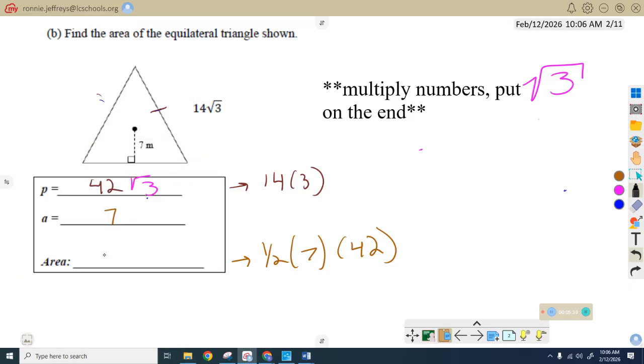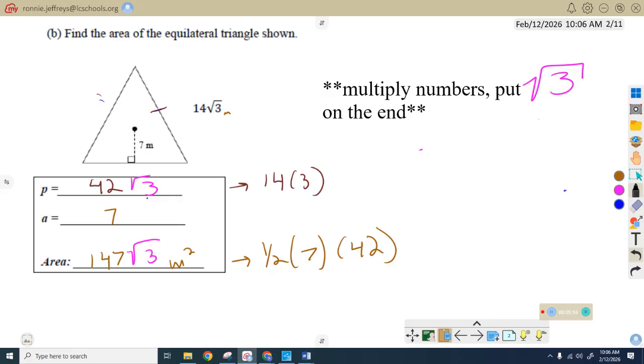Alright, so we have 147 root 3 meters squared.